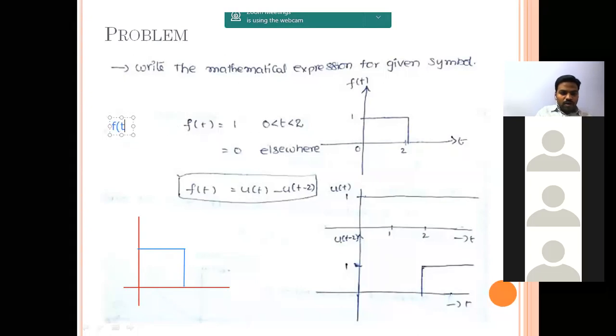So f of t, we shall take this f of t on y axis, and small t on x axis.